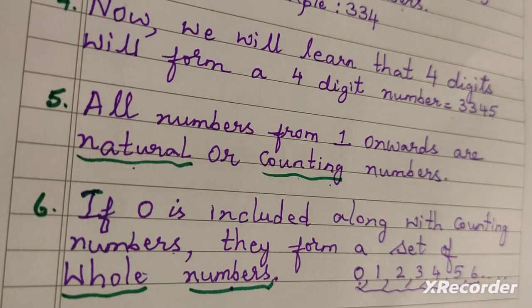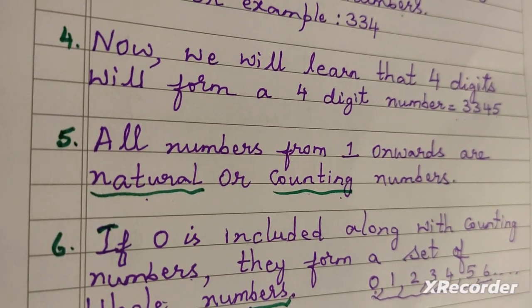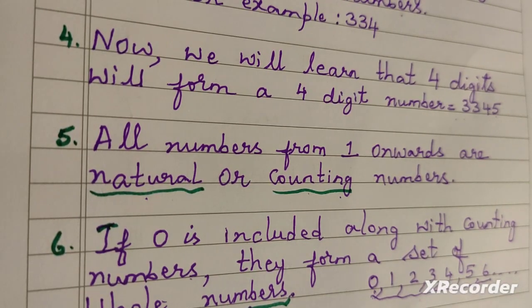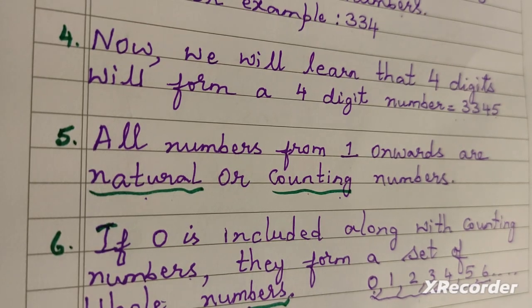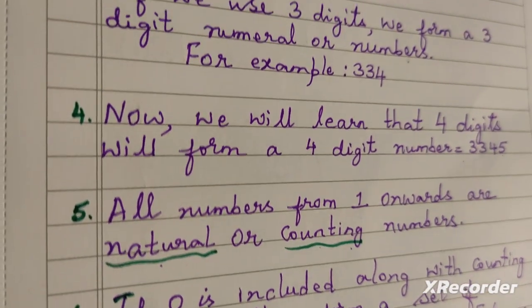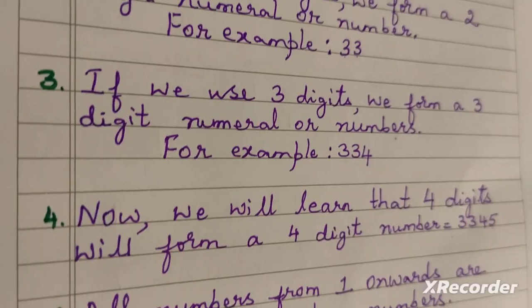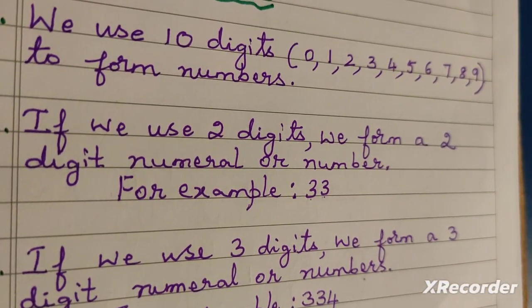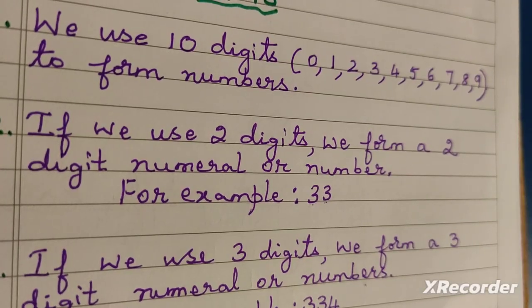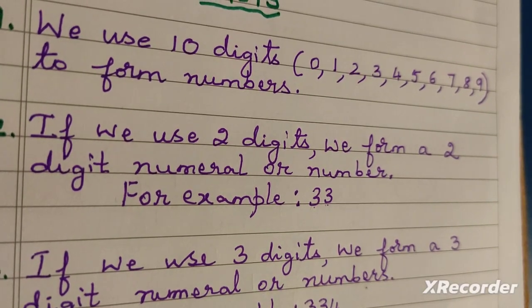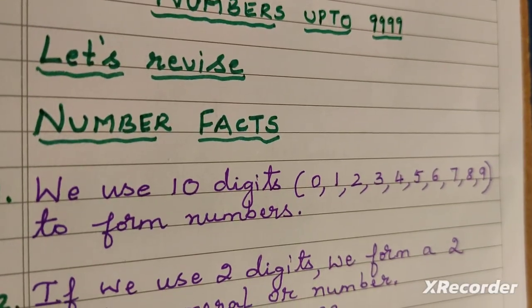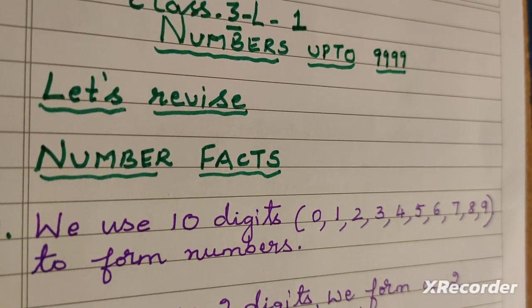So kindly try to remember, natural or counting numbers start from 1 onwards. If 0 is included along with the counting numbers, they are called whole numbers. So 1 digit means 1 number, 2 digits means 2 numbers, 3 digits means 3 numbers, 4 digits means 4 numbers. This is what you have to remember.